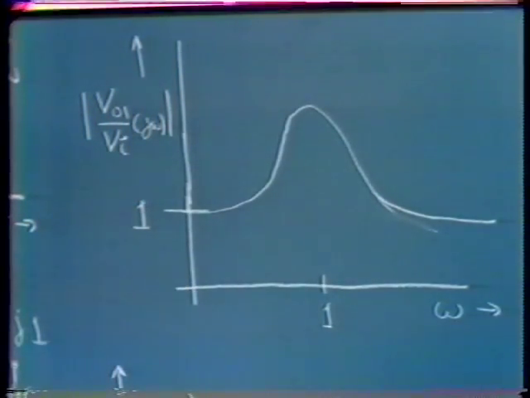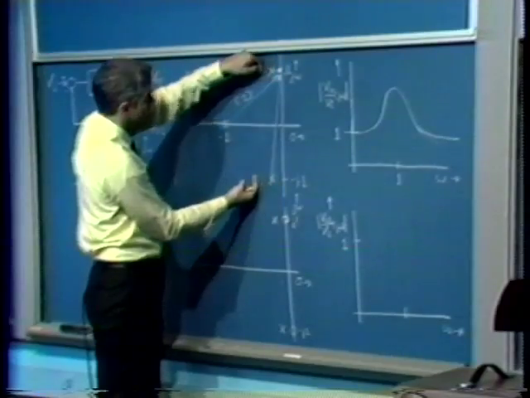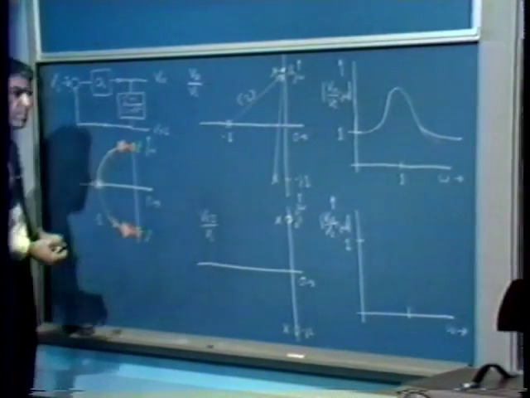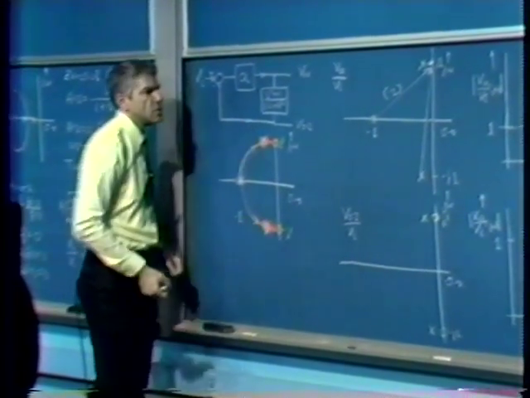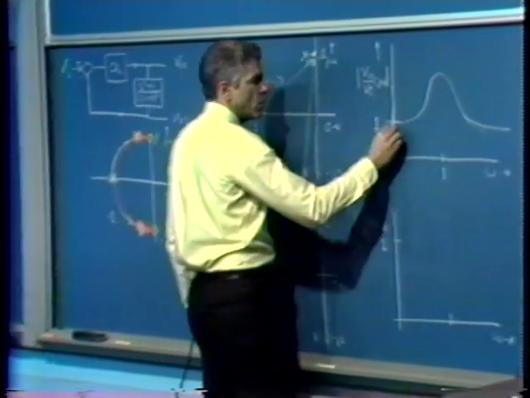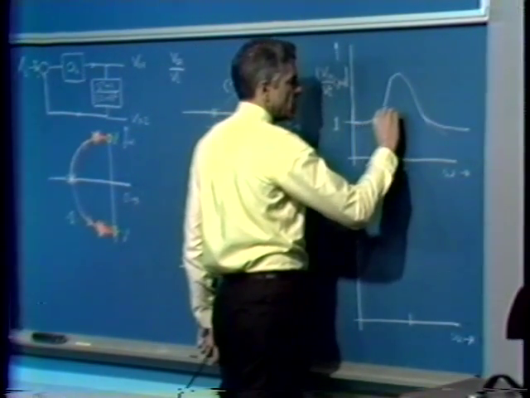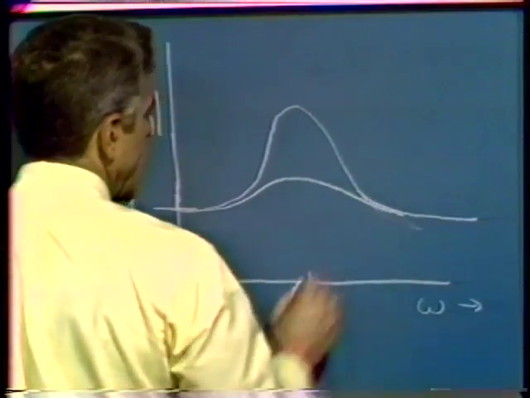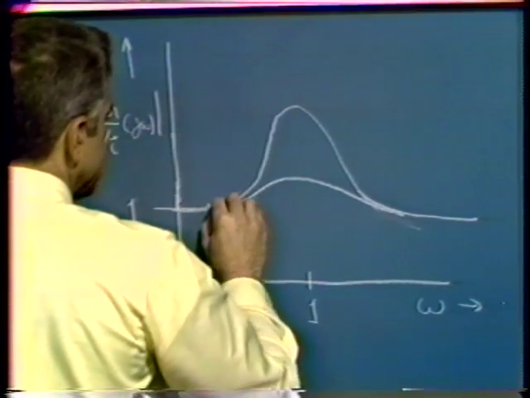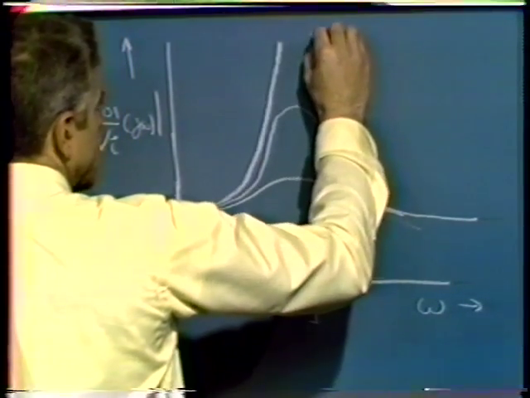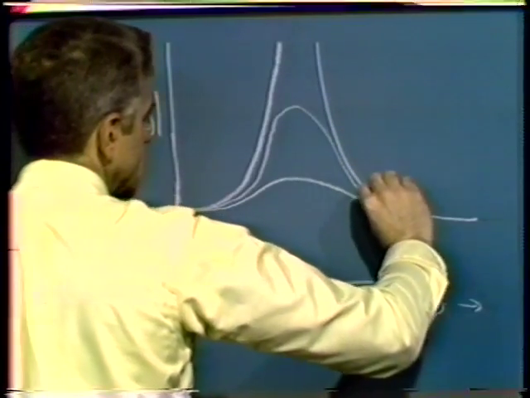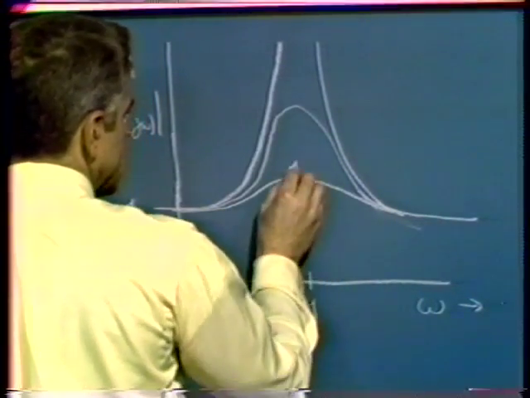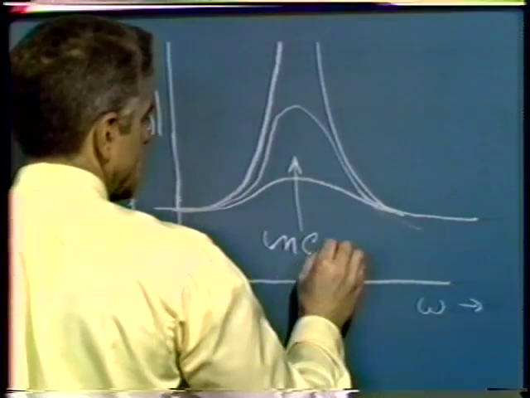And what happens as we, for example, lower A naught is, of course, the resonance becomes less pronounced since these poles move back. We can determine that from our original root locus analysis. So we get this kind of behavior as we lower A naught. And as we increase A naught, we get a progressively steeper resonance, like so. So this is the direction of increasing A naught.